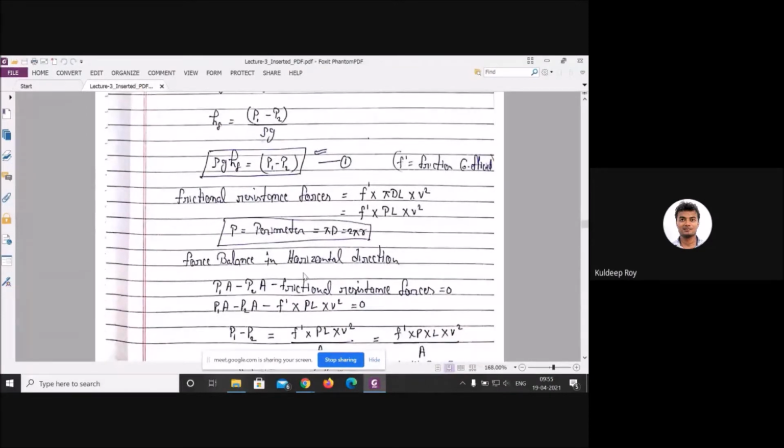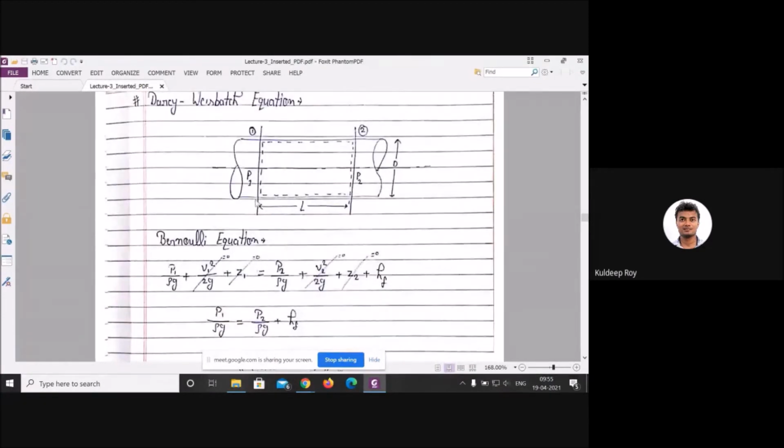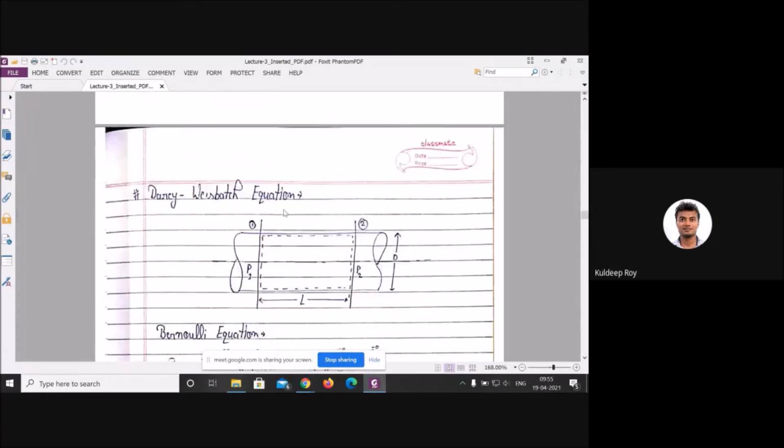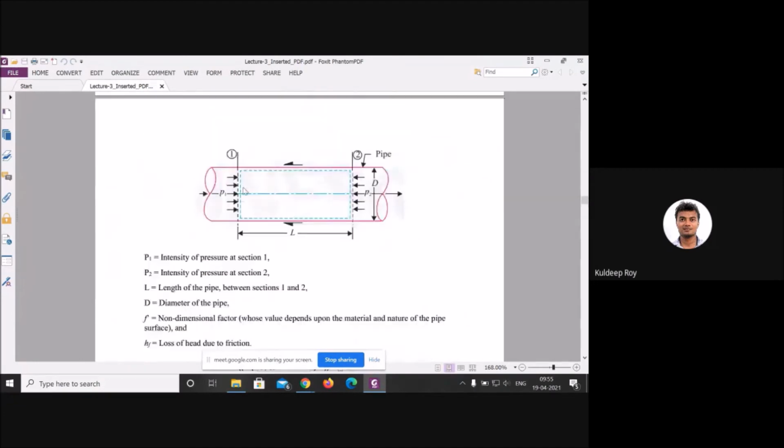Then what do you have to do? You have to make the force balance. If the fluid flows from this position to this position, at the end it will be equal to 0. Means pressure force plus this pressure force. Let me clear one thing also. The pressure you are applying is in this direction, but P2 will be in this direction.